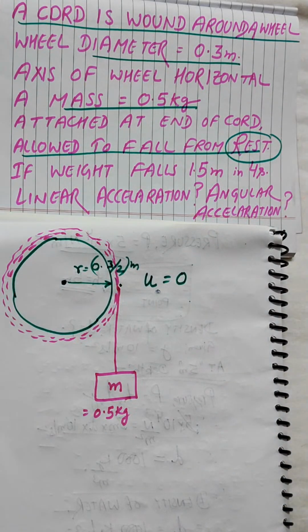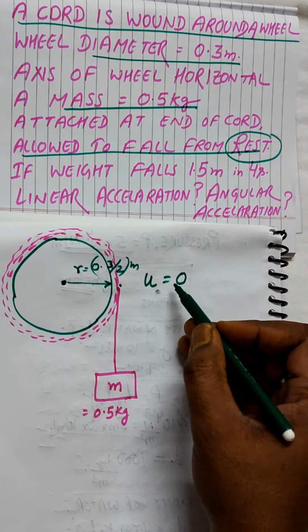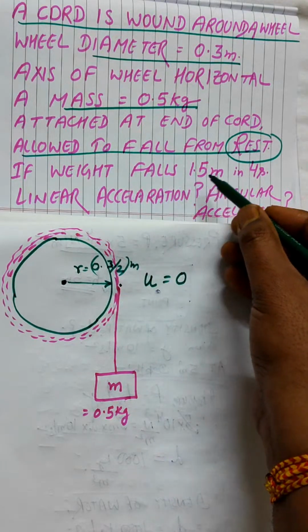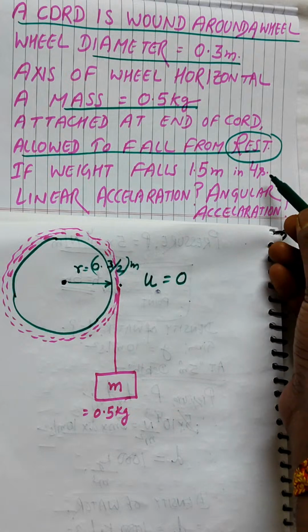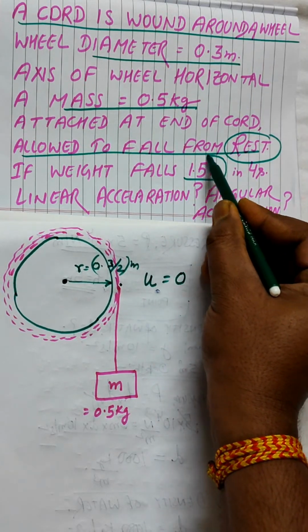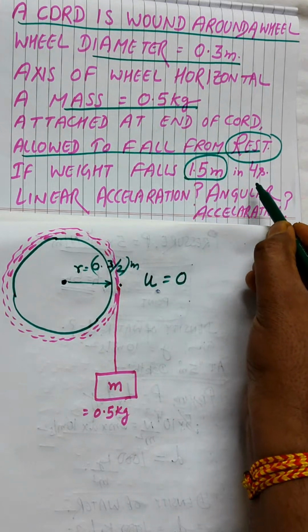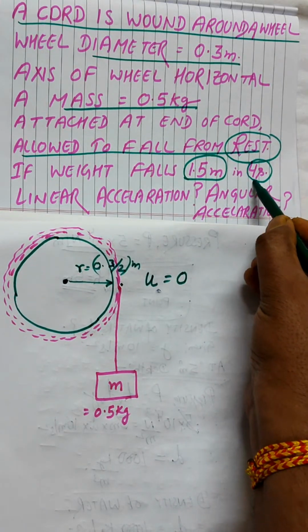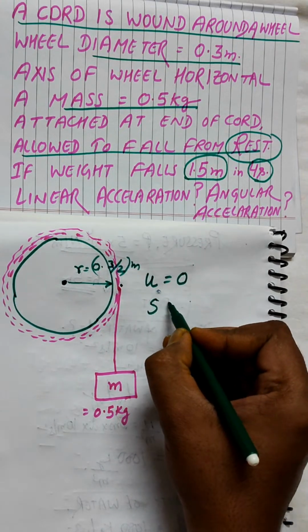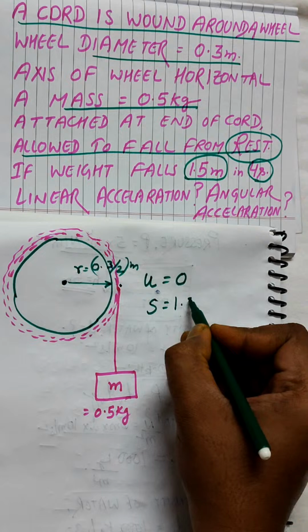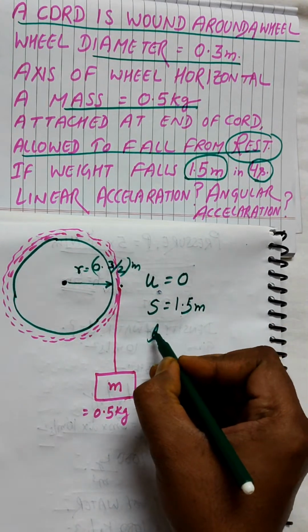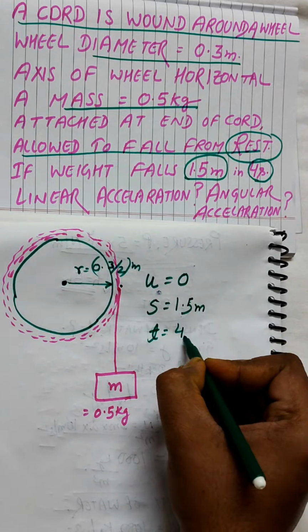That means the initial velocity u is 0. If the weight falls 1.5 meter in 4 seconds, so S is given to you as 1.5 meter and the time is 4 seconds.